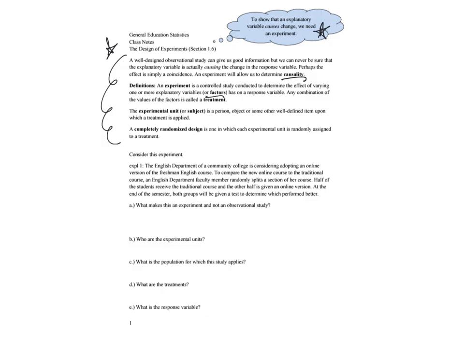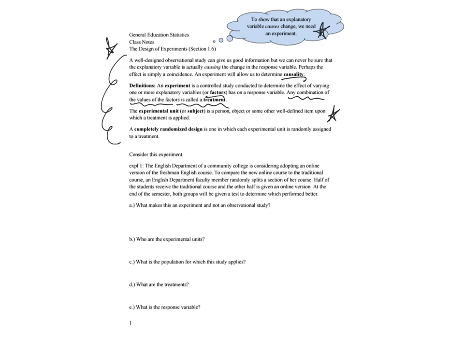The factors are the ways we vary our explanatory variables. Maybe it would be like 20 milligrams of our drug versus 40 milligrams of our drug versus no drug, right? And any combination of the values of factors is called a treatment. So get those ideas in your head.